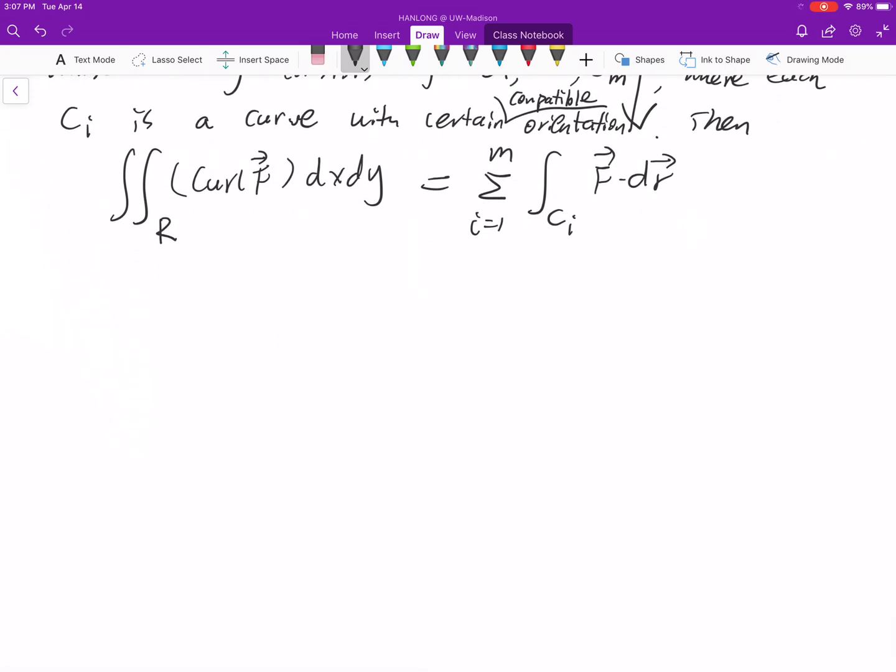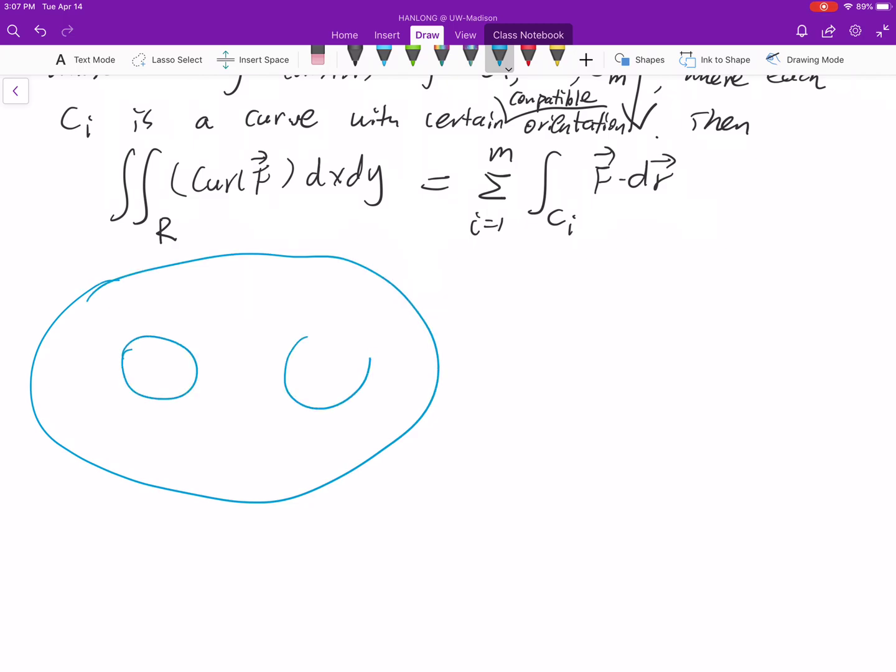Okay, so here we draw a picture of what it looks like. Now your region, your domain R, is not necessarily simply connected.